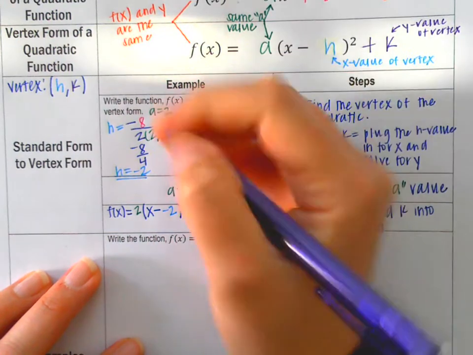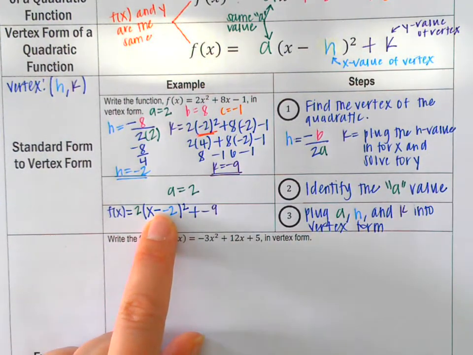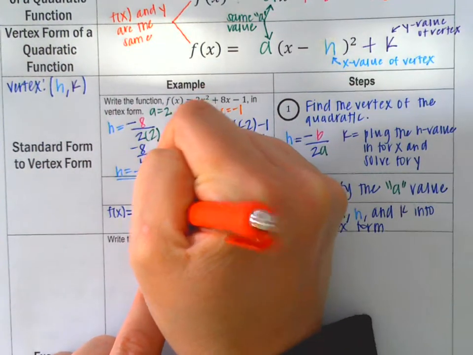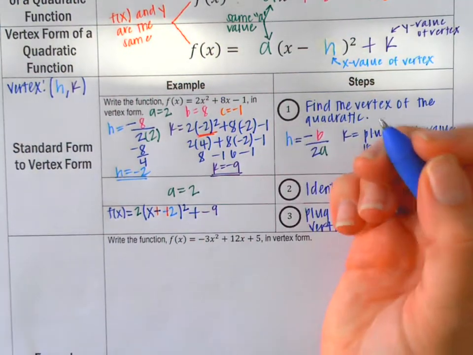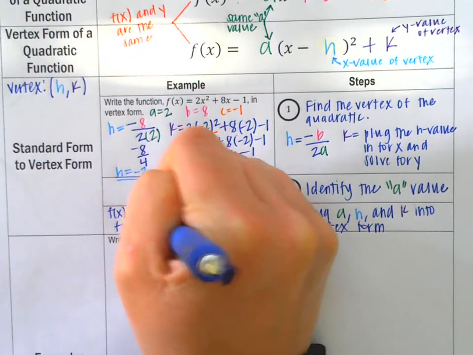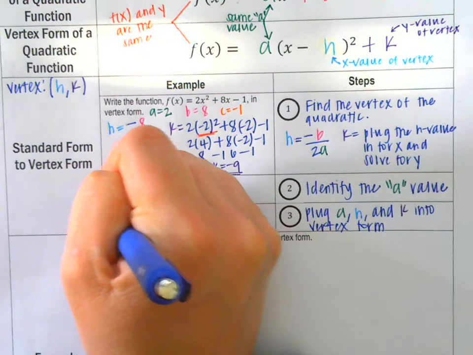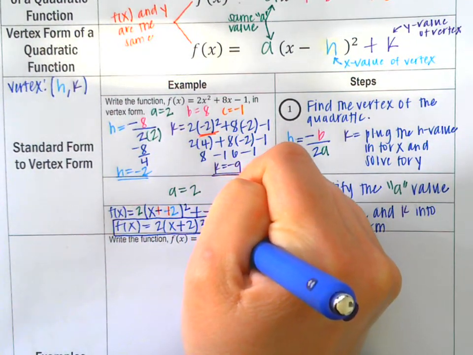Again, we're doing a lot of simplifying here. Minus and minus becomes a positive, and this plus and minus, we're just going to stick with the negative. So my final answer here is f of x equals 2 times x plus 2 squared minus 9. And that is the final answer.